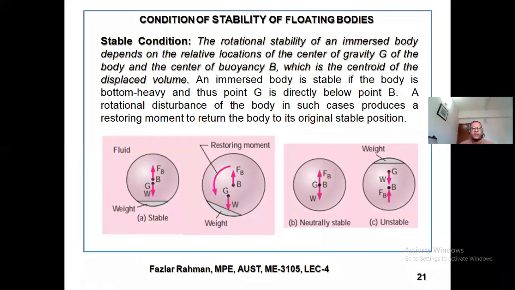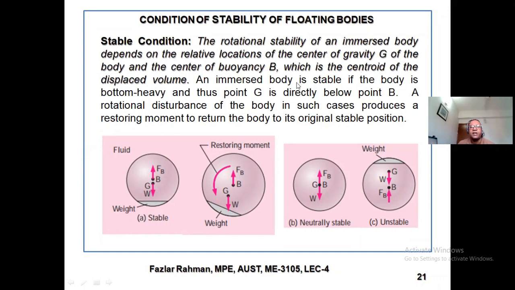Okay, number one, stable condition. The rotational stability of an immersed or submerged body depends on the relative location of the center of gravity, because weight will work through that point of the body, and the center of buoyancy, which is the centroid of the displaced volume.